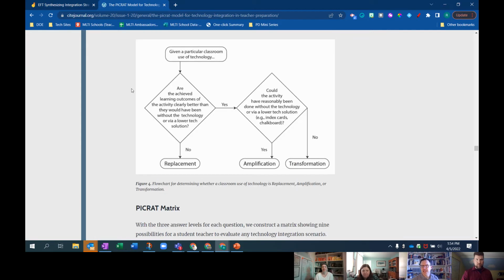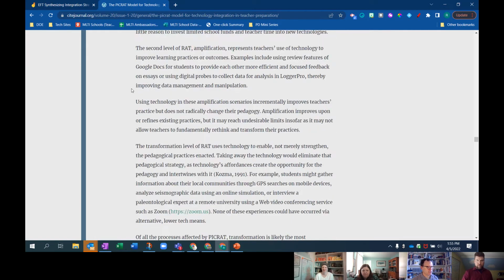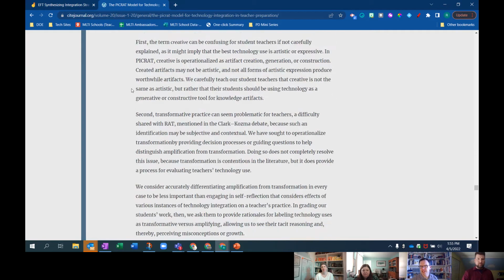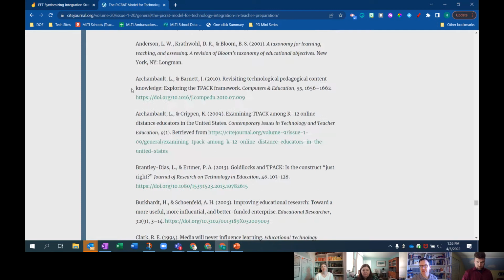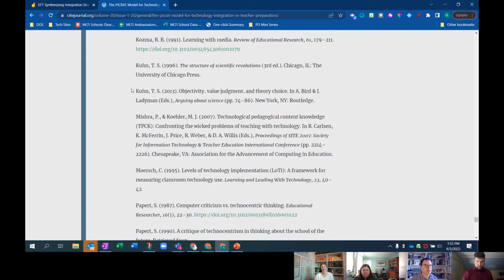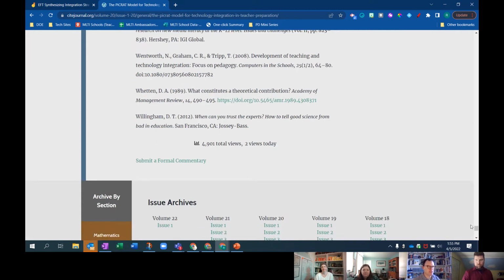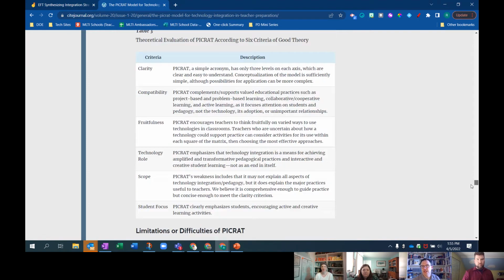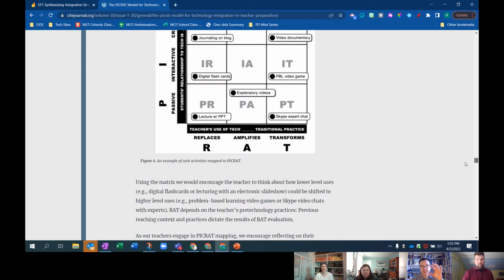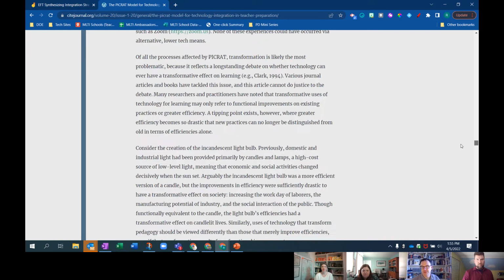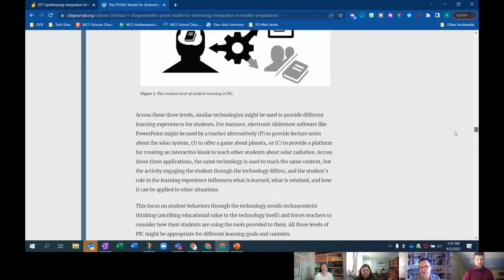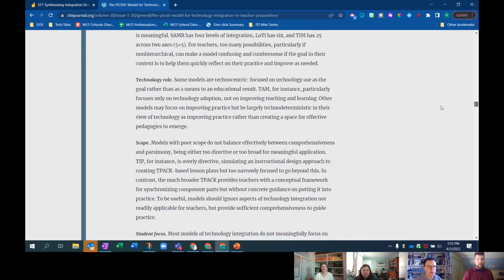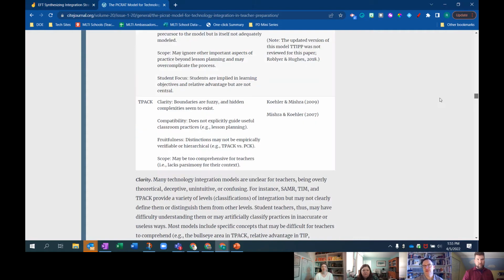They talk about LOTI, RAT, SAMR, TAM, TIM, TIP, TPACK. And I think just the fact that there are all these acronyms speaks to that. But they give the example that in each of these, student focus is implied in learning and the relative advantage, but it's not central. Well, if that's the case, then that may be a good initial place.